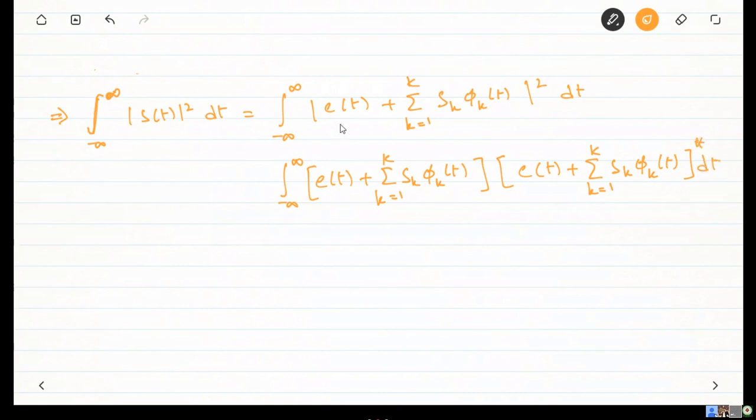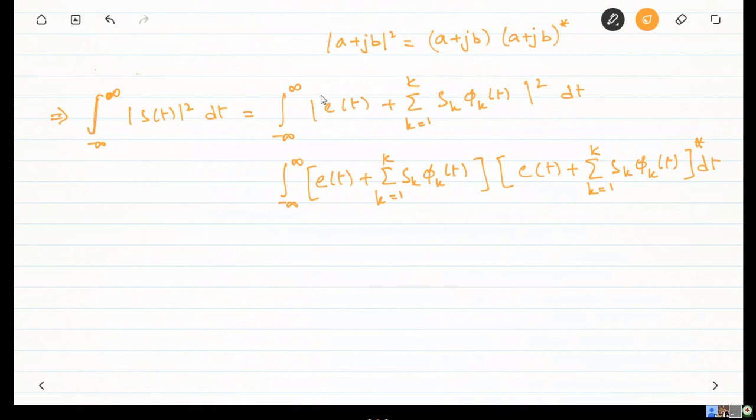See, this is possibly a complex signal, right? So I want to write mod of a plus jb whole square, which is nothing but a plus jb multiplied by a minus jb. So that is what I am writing here.